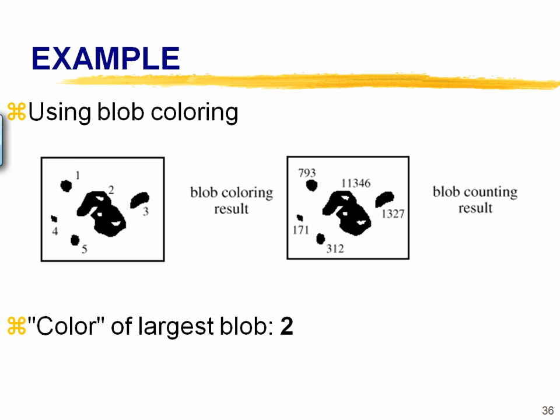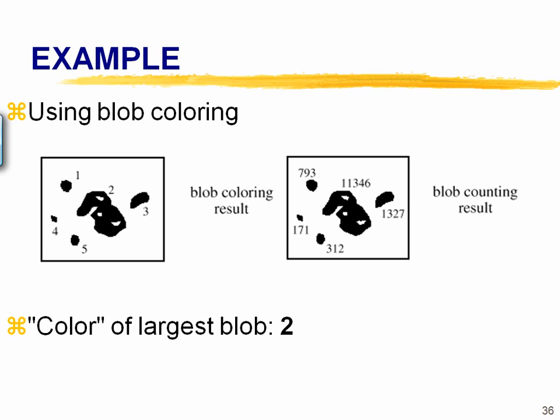Now, what would be the use of doing blob coloring? What do we do with this? Counting objects, right? The other thing is filtering, getting rid of small objects. For example, if I say all I'm interested in is the largest object, because given your application, you may know a priori that you only have one object in an image, but because of your thresholding, you may get erroneous objects that you want to get rid of.